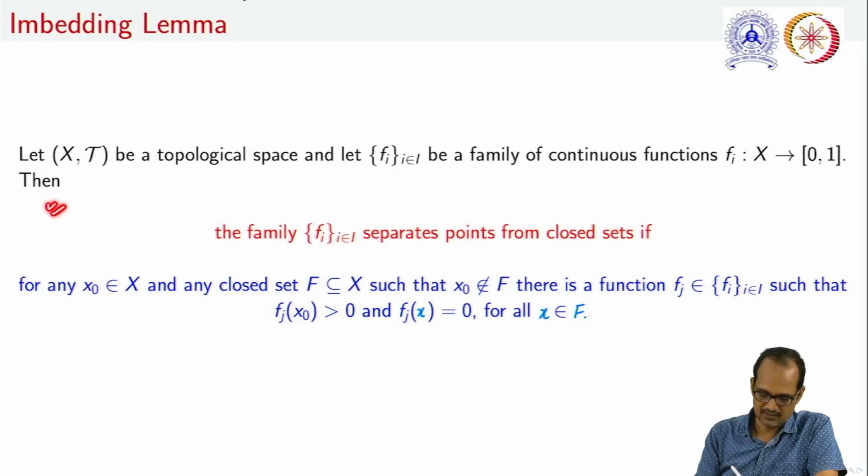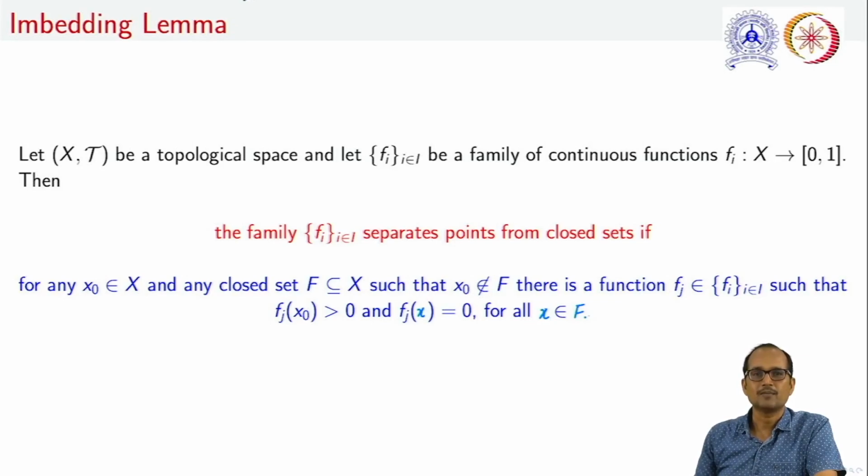Then we say that this family separates points from closed sets if for any element x naught in X and any closed subset F of X not containing x naught, there is a function f_j in this family such that f_j at x naught is greater than 0 and f_j(x) equals 0 for all x in F.